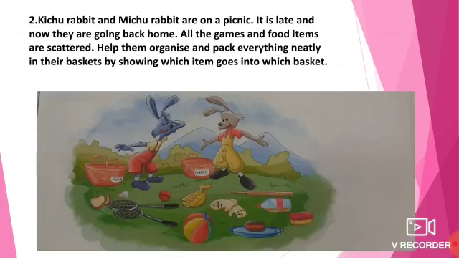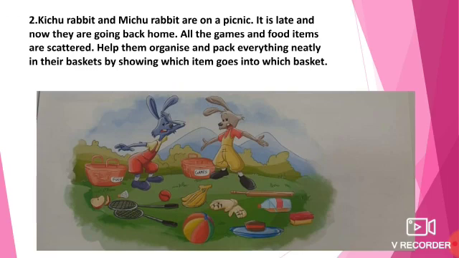Next, two rabbits went on a picnic. You can see it is late now and they are going back home. All the games and food items are scattered, and you are going to help them organize and pack everything neatly in their baskets.